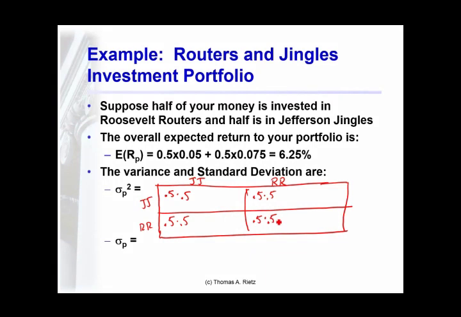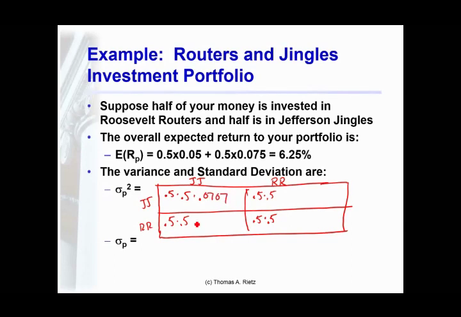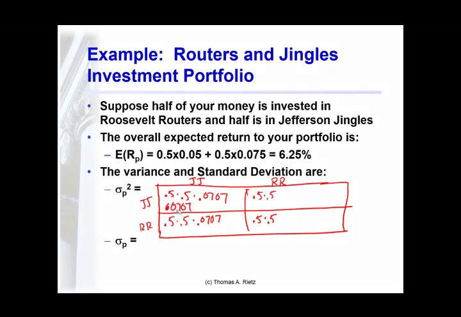Then you put the standard deviation of the column and the row investments in each square. Here the standard deviation of Jefferson Jingles is 0.0707. That's the row, the column, and then the rows. Make the decimal point a little smaller there.